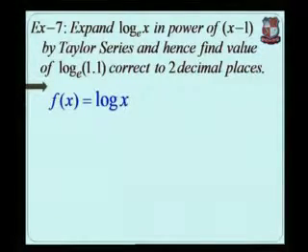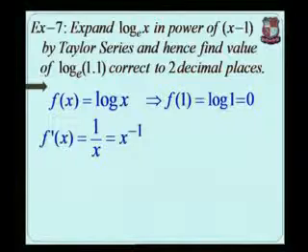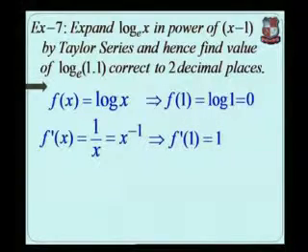So here we find the value at the point 1. So f(1) is equal to log 1, that is 0. We find out the first derivative of this. So the derivative of log x is 1/x, meaning x⁻¹. We find the value at the point 1, so f'(1) is equal to 1.